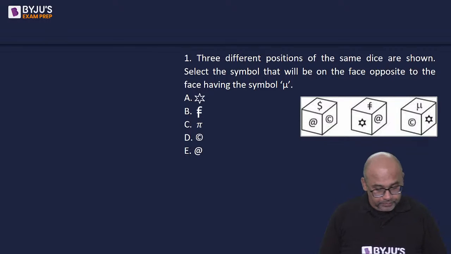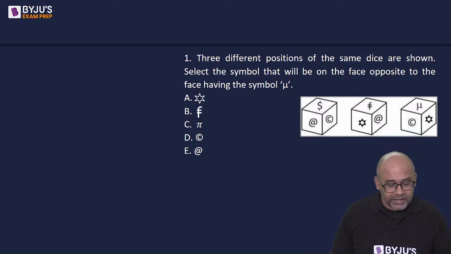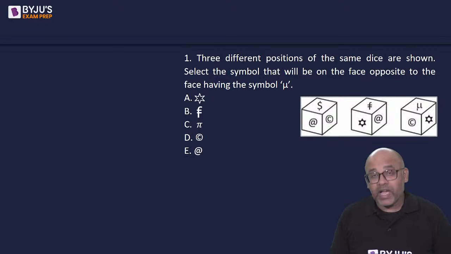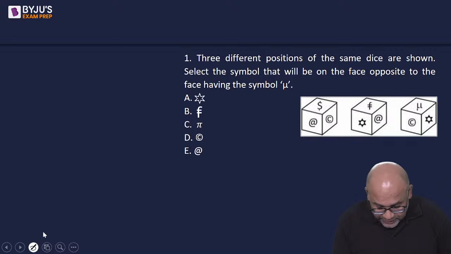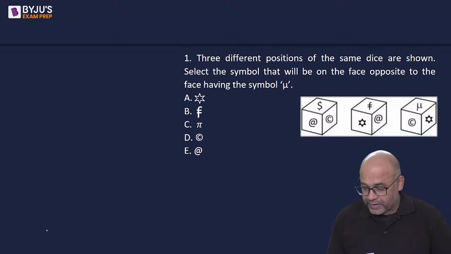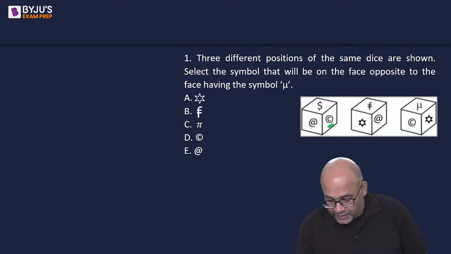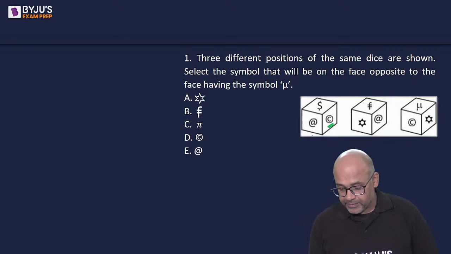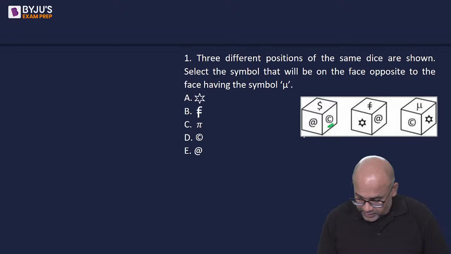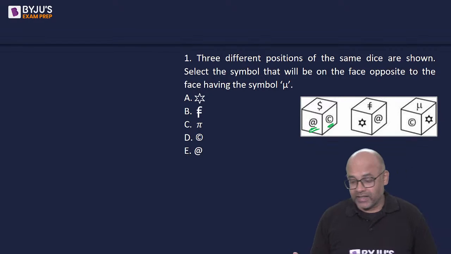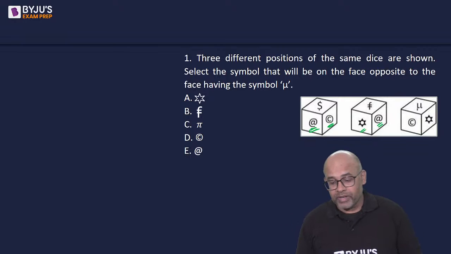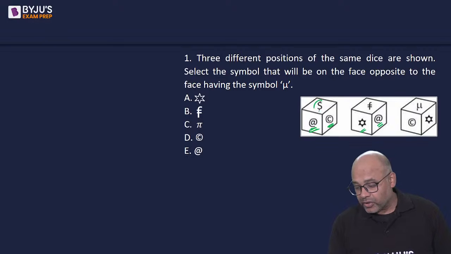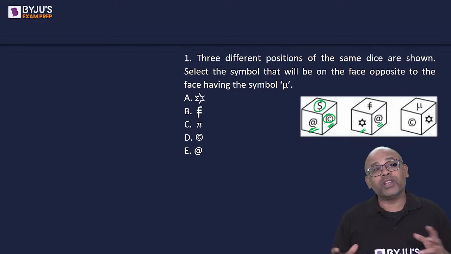All right, so what is the answer here, guys? Let's take a look. We have a die over here. How does a die work? It is a six-sided figure. You have a C and an at the rate. You have an at the rate here and a star here. Please remember, at the rate there is a dollar and a C. So what sides are available?